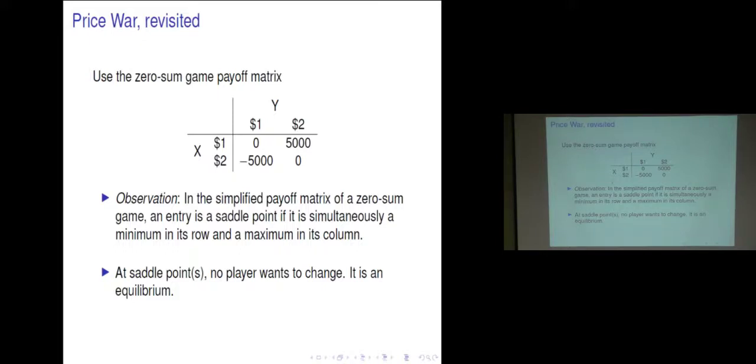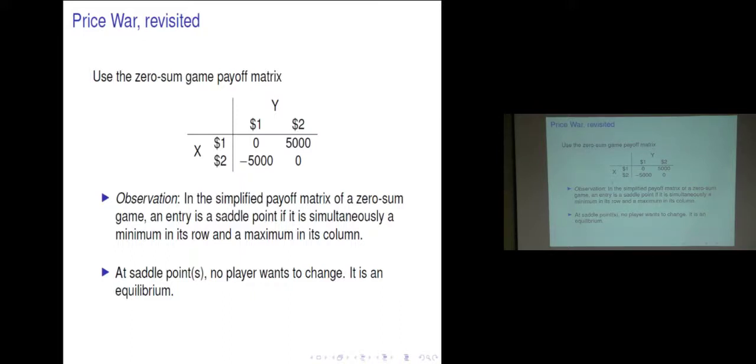Why at saddle points does nobody want to change? Let me say it one more time. We are looking at this saddle point. He is the minimum of this row and the maximum of this column. I want to convince you there's no incentive for X to change.